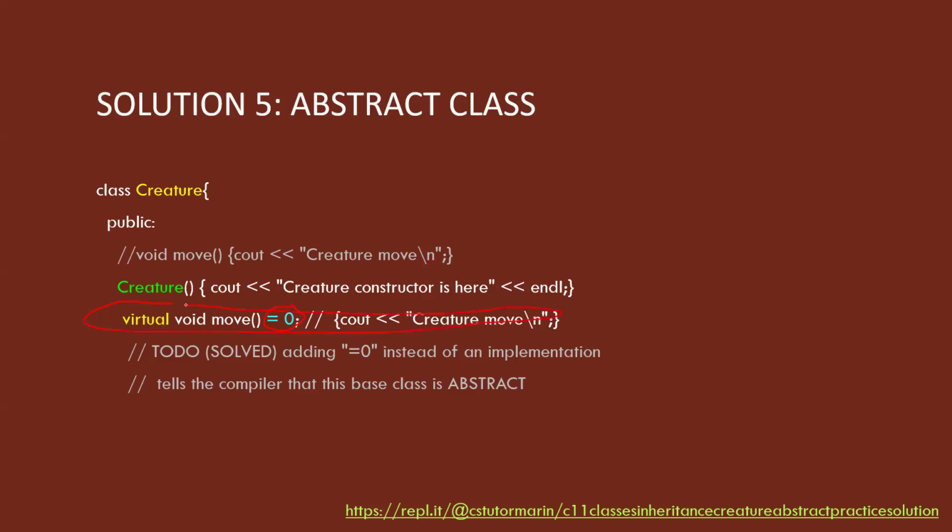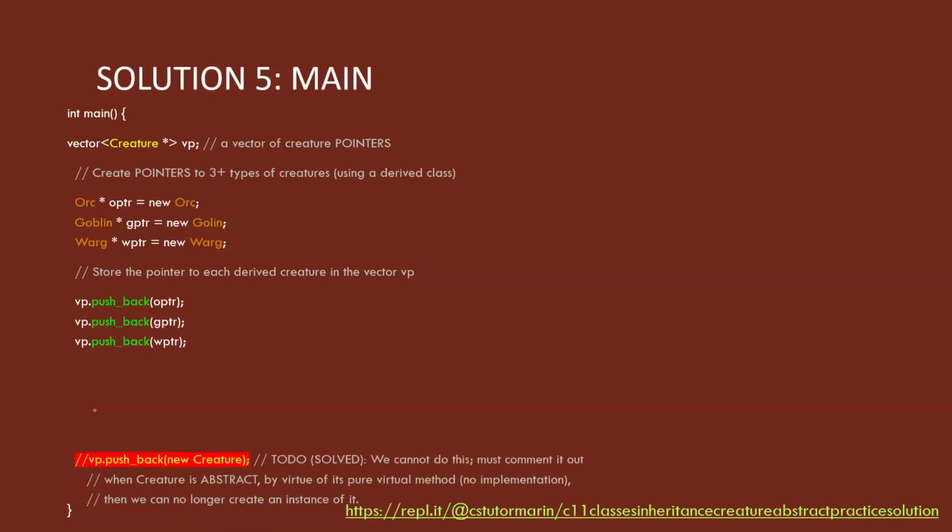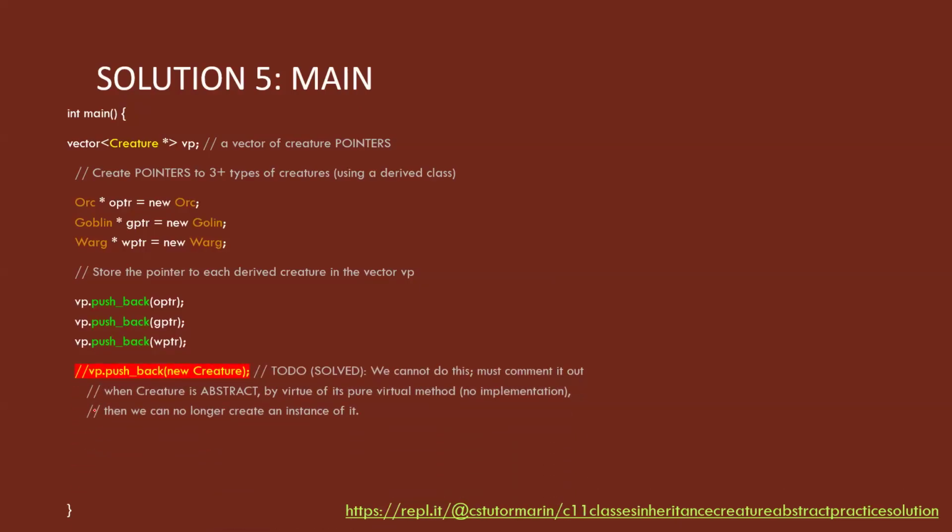That's what that means, right? And then that means that that whole thing becomes abstract. Okay. So in main, we cannot do that, right? We couldn't push back a new creature. Our compiler would throw an error and say, hey, that's not allowed because you told me that's an abstract class. But everything else would be okay.